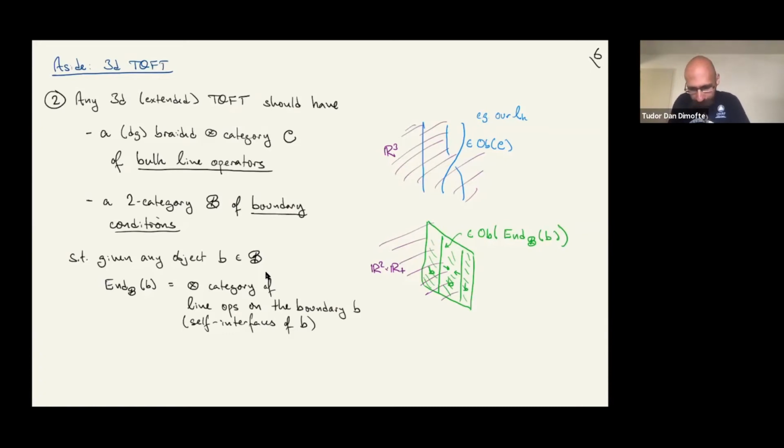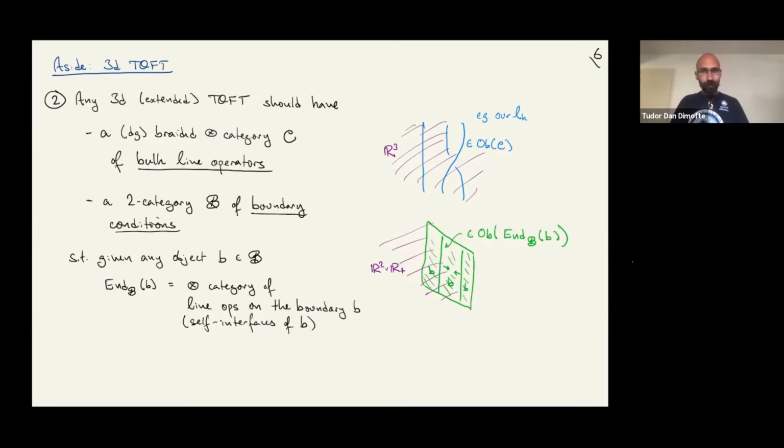There are 2 ingredients that are important for the current application. One is the category of line operators in the bulk, and one is the 2 category of boundary conditions and line operators on that. So in the bulk, line operators form a braided tensor category, just like they do in Chern-Simons theory, except it's going to be some DG version of a braided tensor category in this case.